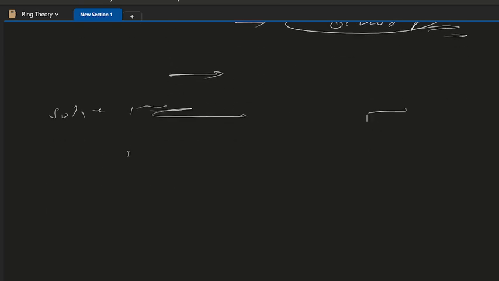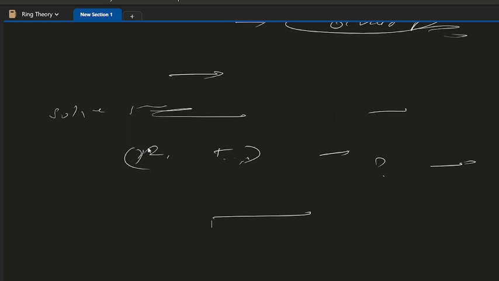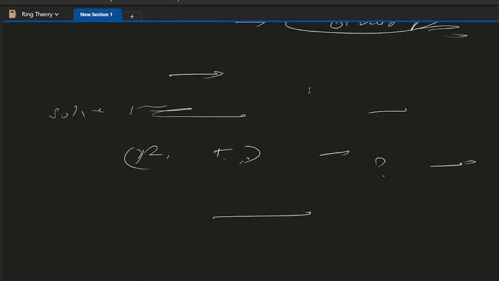Is the set of real numbers a ring with respect to multiplication? Tell me. Okay, and let us do more examples.